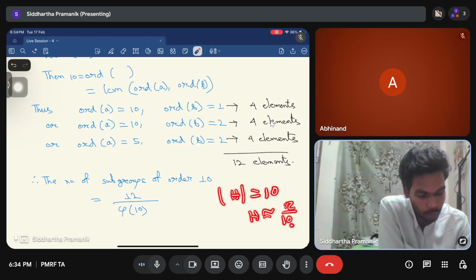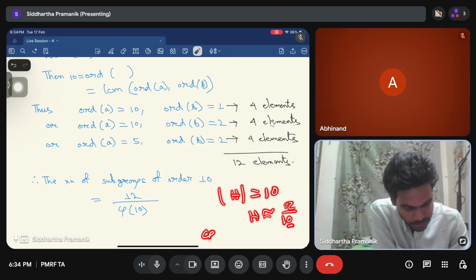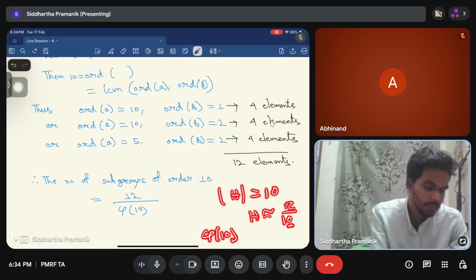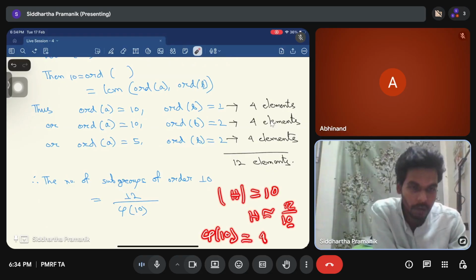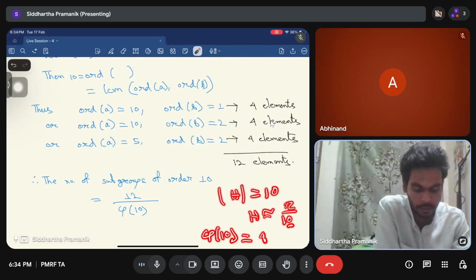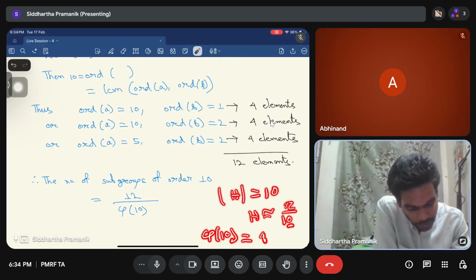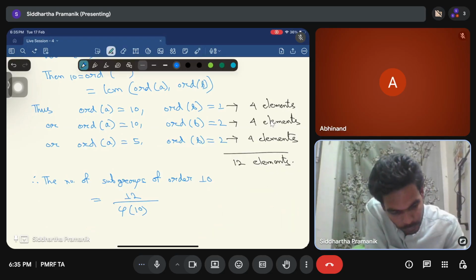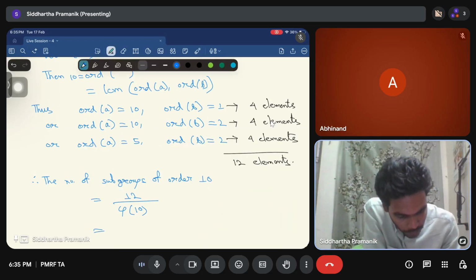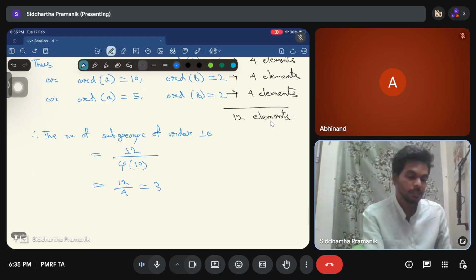In a cyclic group, how many elements of order 10 can there be? It is basically phi of 10, the Euler phi function. So we have 12 elements of order 10, and a subgroup of order 10 has only 4 of them. This is 12 by 4, so 3. So there will be 3 subgroups of order 10.